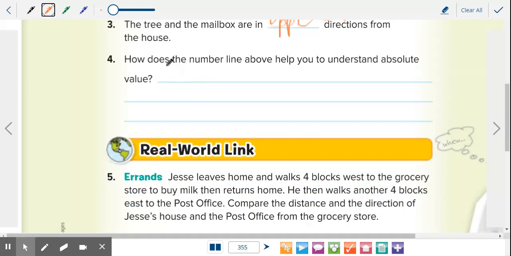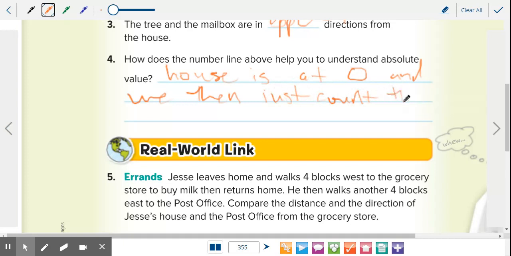So let's just say the house is at 0, and we then just count the distance. Number lines are very, very helpful with this.